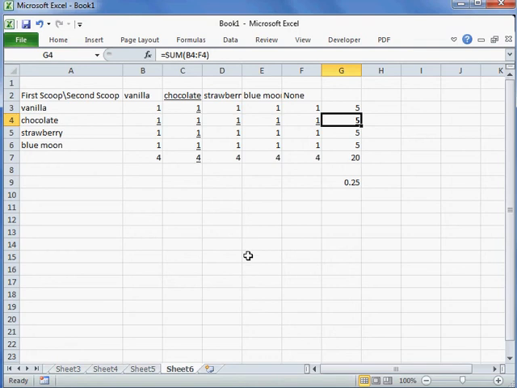But in reality, if you actually count these, we have 1, 2, 3, 4, 5, 6, 7, 8. There's only 8 because this cone would have been double counted using the row and column total. So there's actually 8 chocolate cones. So the answer to that would be 8 out of 20. So we have a 25% chance of first chocolate and a 40% chance of any chocolate.